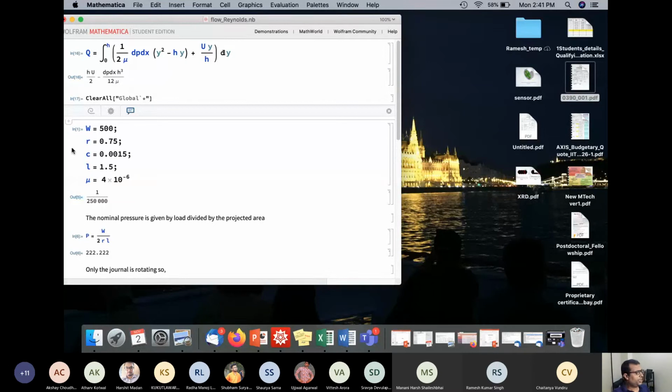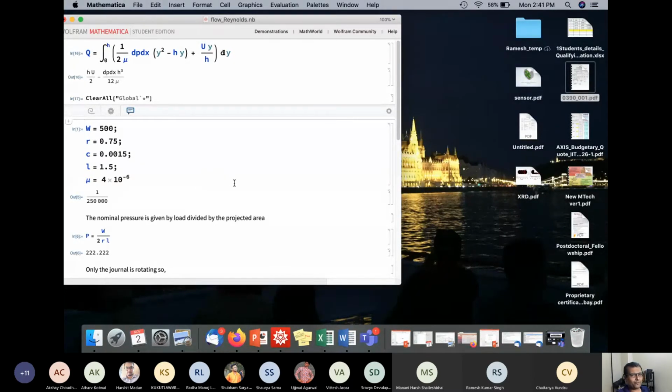Radius is 0.75, so diameter is 1.5. Clearance is 0.0015, and this is the concentric clearance between the journal and the bearing. Length is 1.5, and 4 micro Reyns is mu.